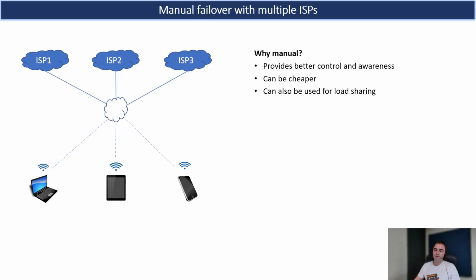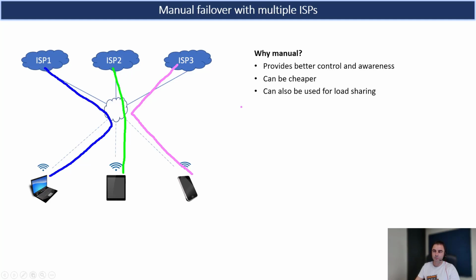And point number three is another interesting situation, which can be conflicting with point number two, because in point number three I'm discussing a situation where you want to use the three simultaneously with some kind of not automatic load balancing, but manual load sharing. So for example, this device uses ISP1, then this device uses ISP2, and as you can imagine, the other device can use ISP3.